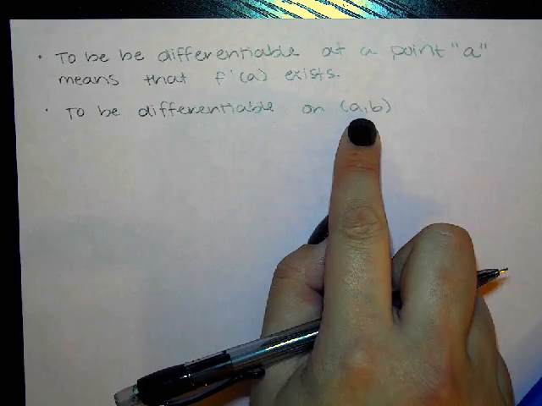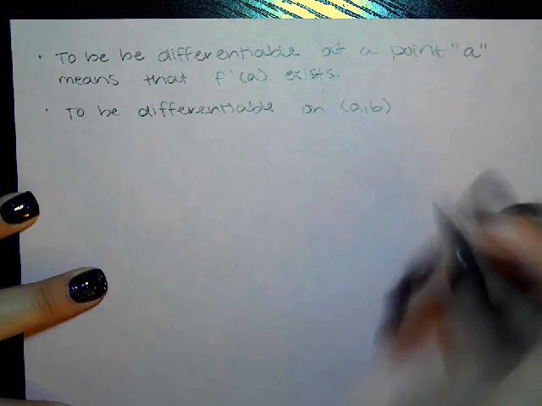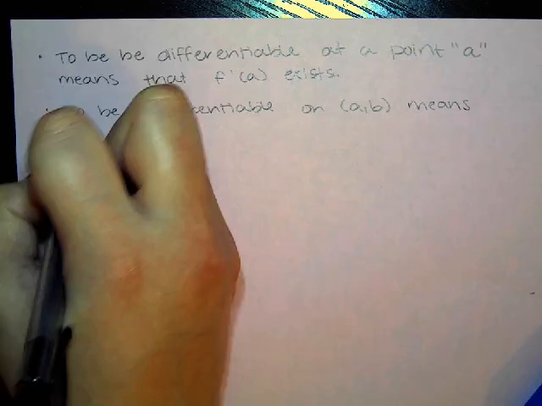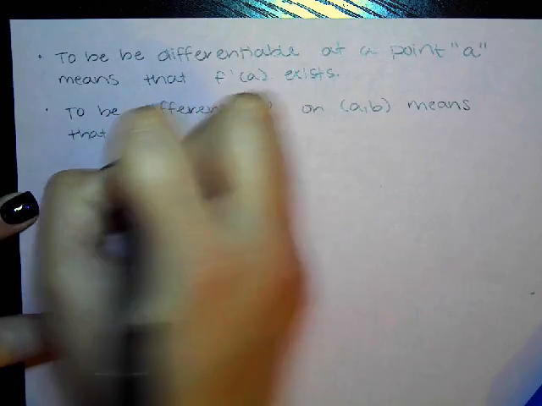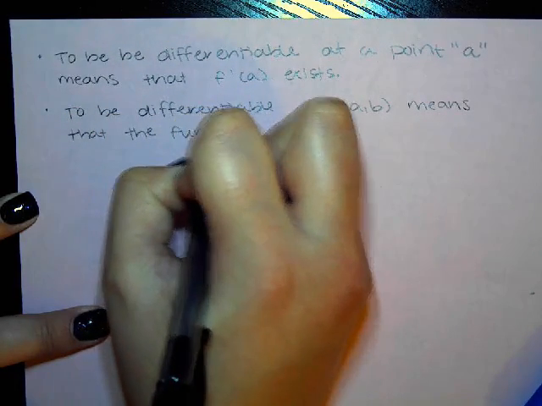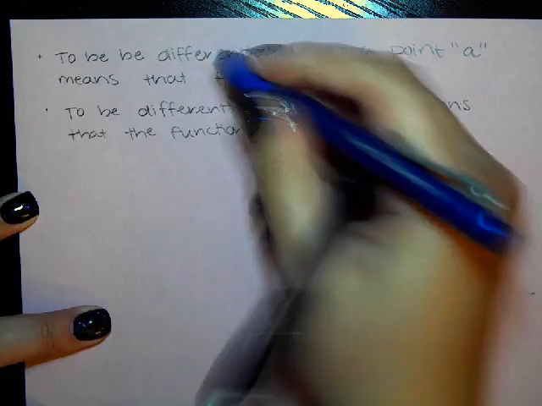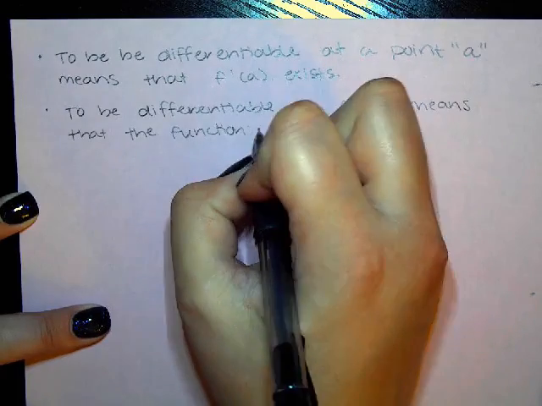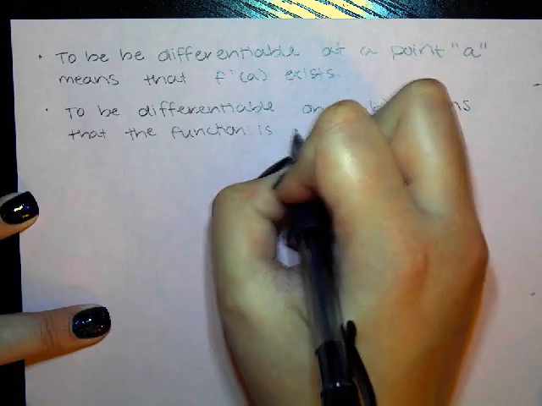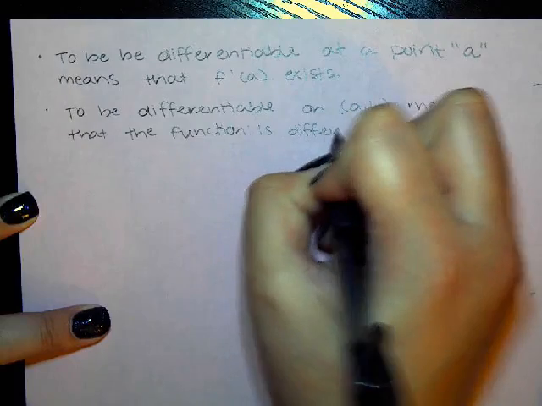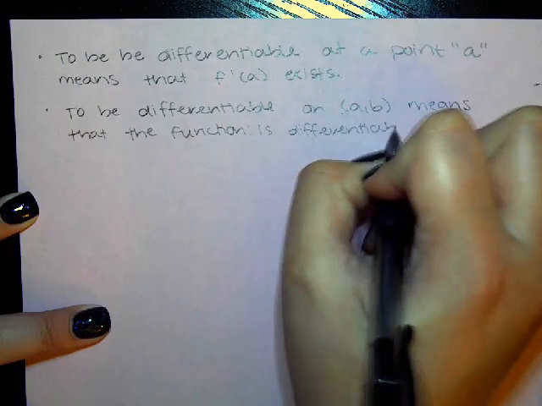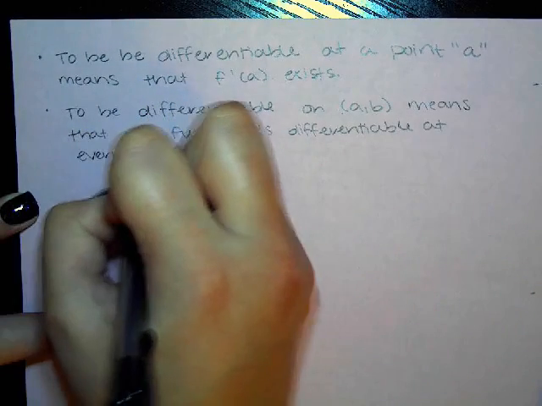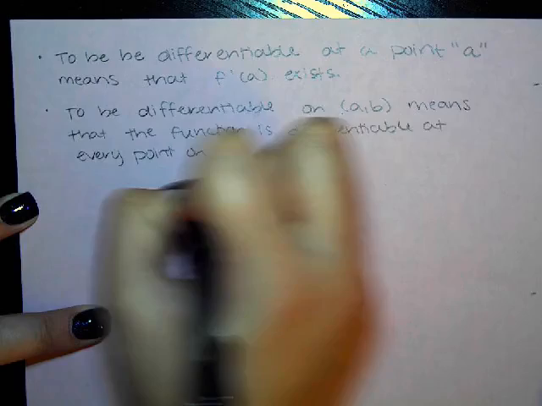To be differentiable on (a, b), the open interval, means that the function is differentiable at every point on (a, b).